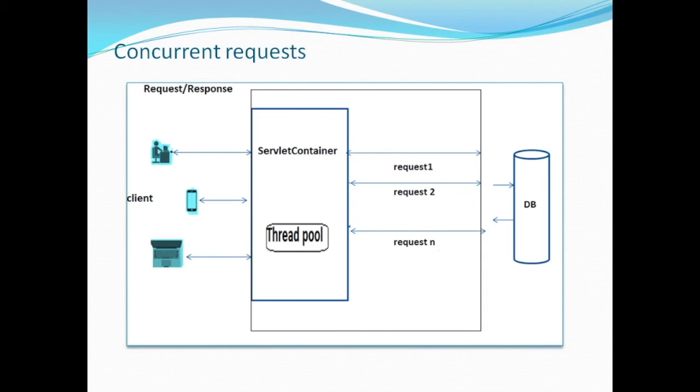Your application can manage only up to the maximum level that a thread pool can manage. If you are using a Tomcat container, it can manage a thread pool of size 200 max. So 200 threads can handle your concurrent requests, but if any of these threads go into wait mode, again it leads to performance issues for your application.